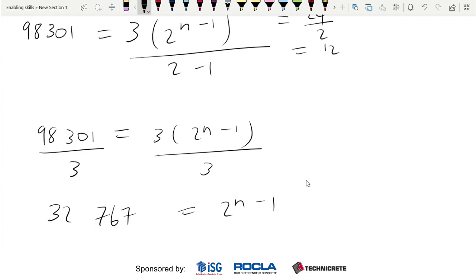Now, if we add 1 to both sides, we'll be left with 32,768, since we're plussing 1, is equal to 2 to the power of n.